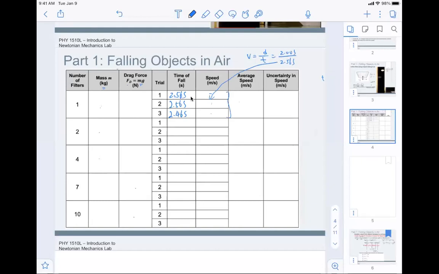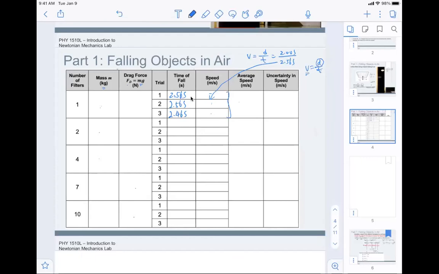Calculate the average speed. To get the uncertainty in your speed, you know that V is D divided by T. Remember our error propagation, there were 4 rules we used in the very first lab at the beginning of the semester. The last rule says you can have simply a known number multiplied or divided by another variable.